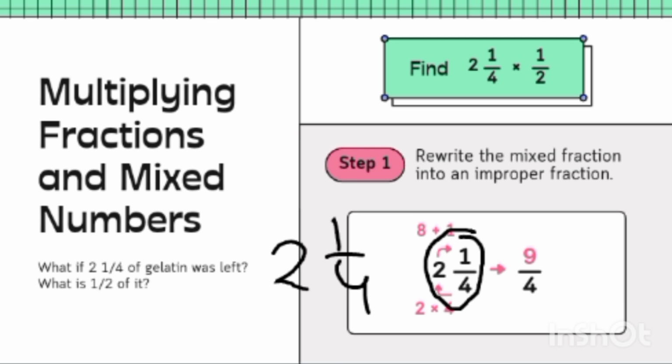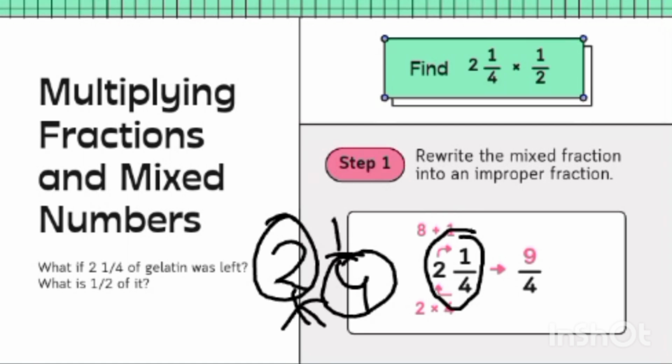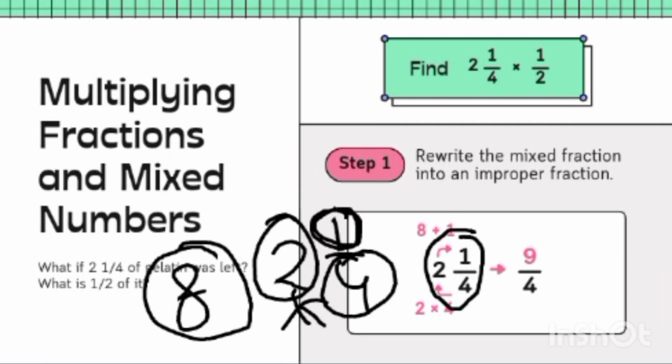What we need to do to convert it into the improper fraction is to multiply these two numbers. When you multiply these two numbers, you will get 8. Then you need to add this 8 with the number we have in the numerator.